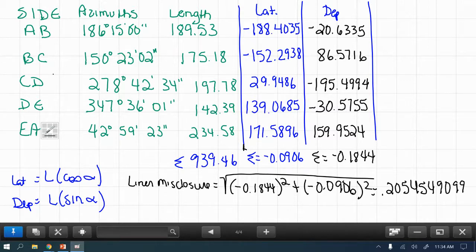So when I get here, and I've already got it in my calculator, that relative precision is, that's my next one. Relative precision is the linear misclosure divided by your traverse length.